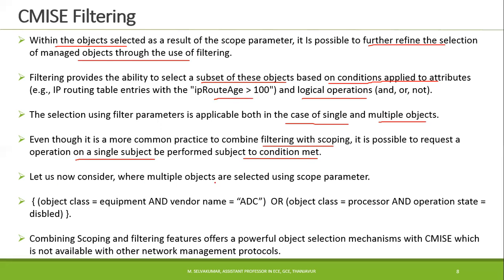Let us now consider where multiple objects are selected using the scope parameter. For example, object class equal to equipment and vendor name equal to ADC, or object class equal to processor and operation state equal to disabled.